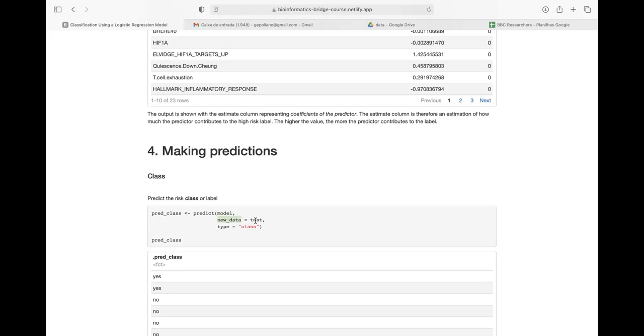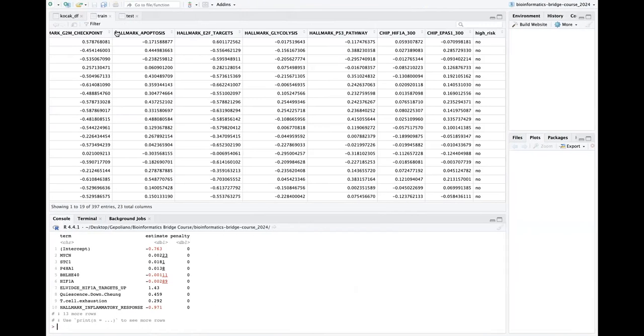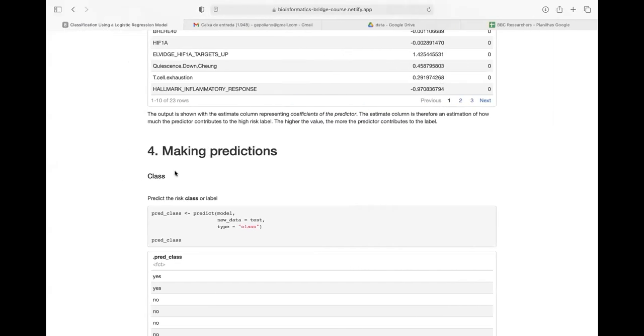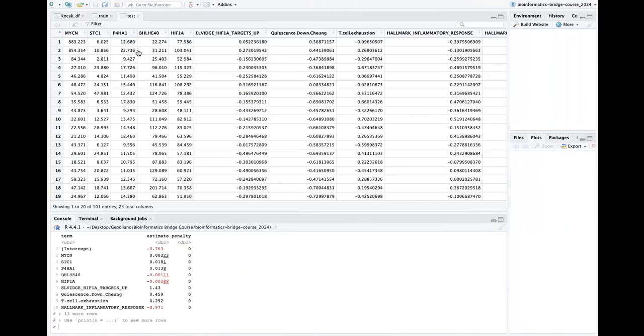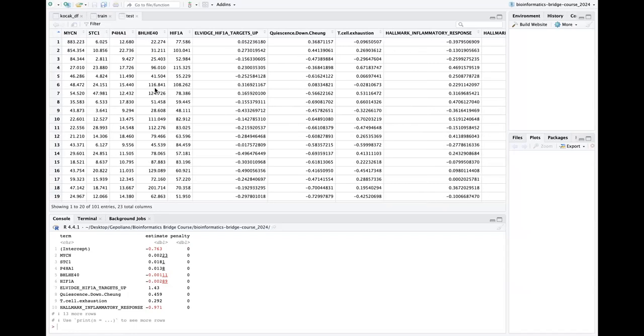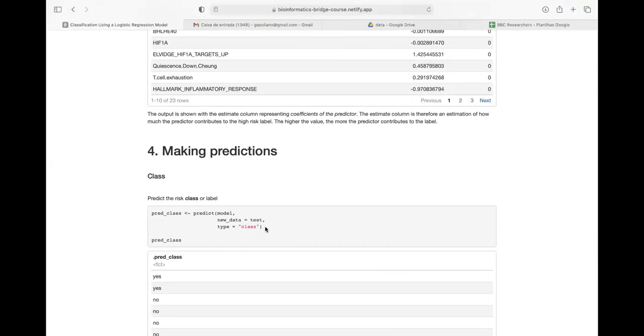Remember that we constructed the model using the trained data set. Now we are going to use the test data frame. Remember, this is the train, this is the test. And remember that the train had almost 400. That is 397. The test has almost 100. Okay, so let's go ahead and run this.